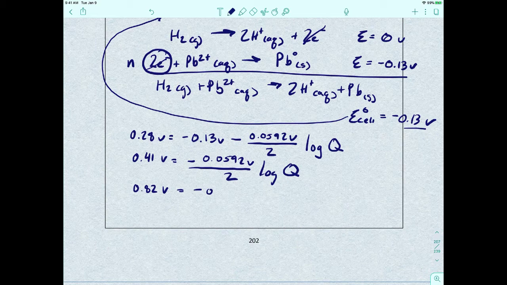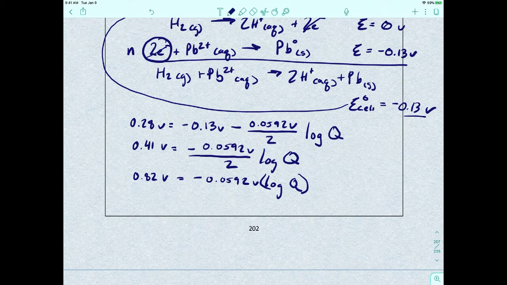And that's equal to negative 0.0592 volts times log of Q. And I'm going to put the log of Q in parentheses so that way we don't get it confused. So now we got to divide both sides by negative 0.0592. So we get that the log of Q is going to be equal to 0.82 volts divided by negative 0.0592 volts. And so that log of Q should be negative 13.85.